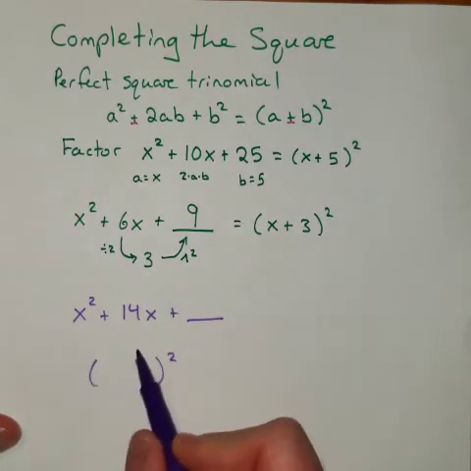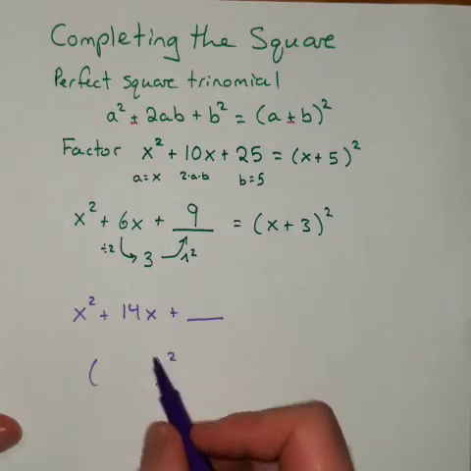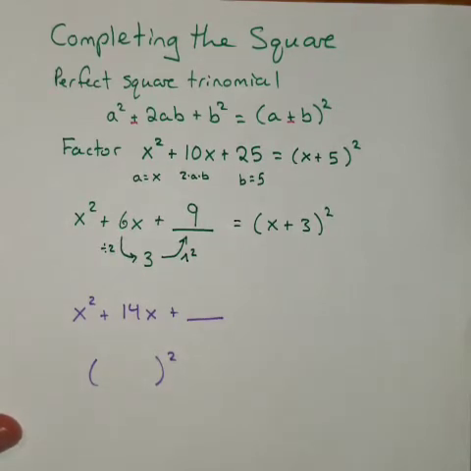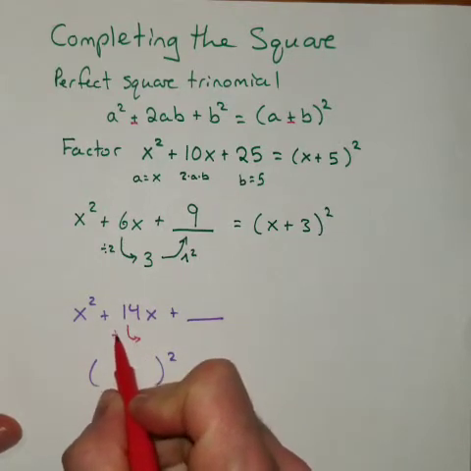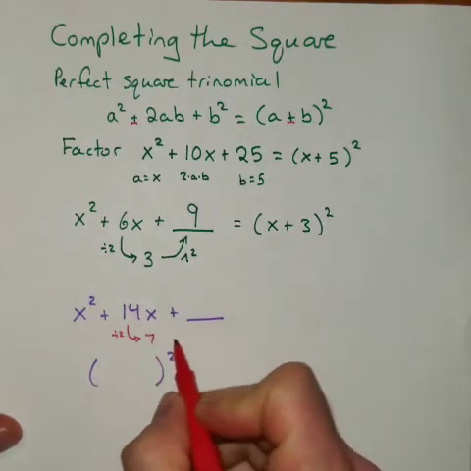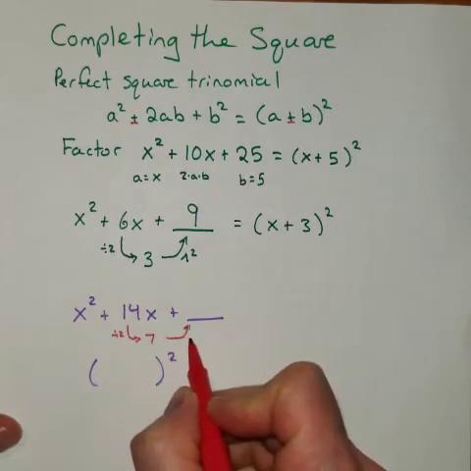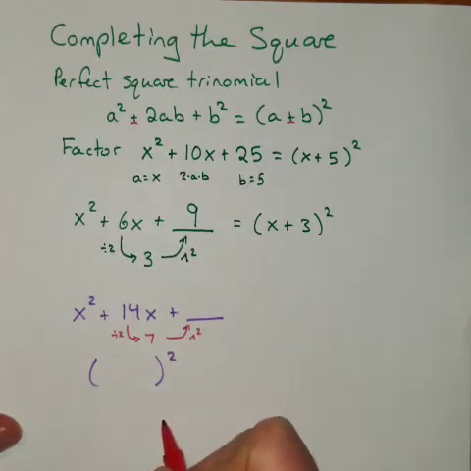Well, to make this a perfect square, we're going to take that 14, cut it in half. Okay, divide by 2, you're going to get 7. And then you're going to square the 7, raise it to the second power, and that should give you 49.